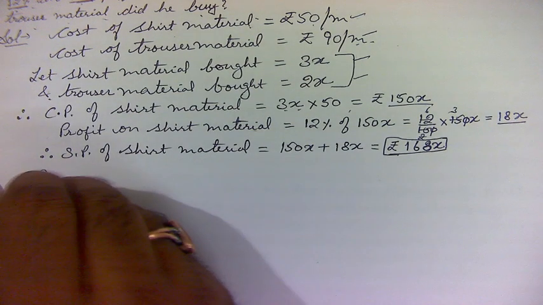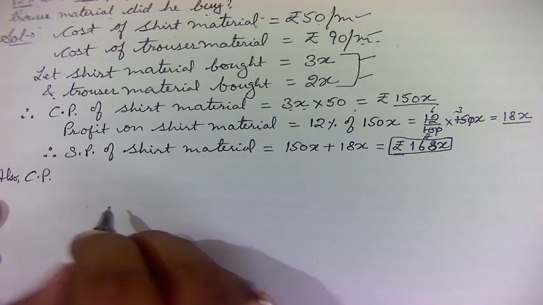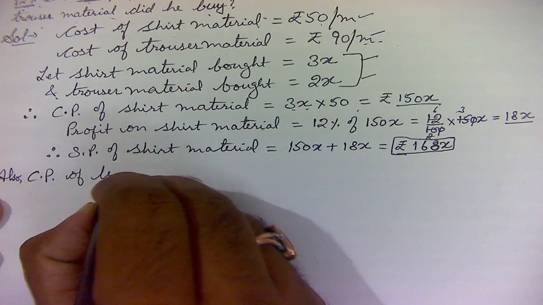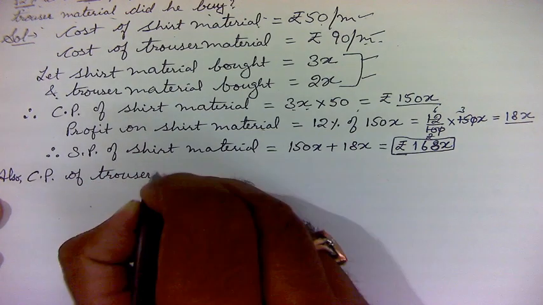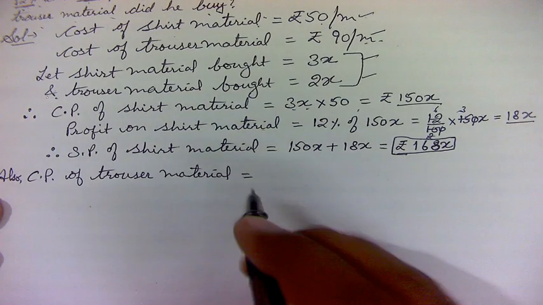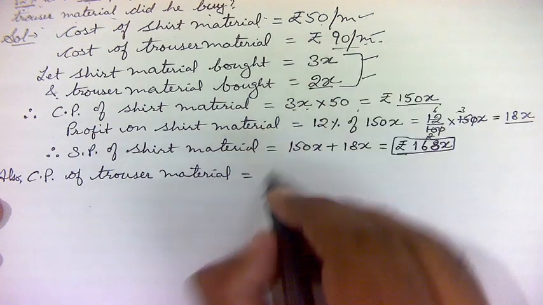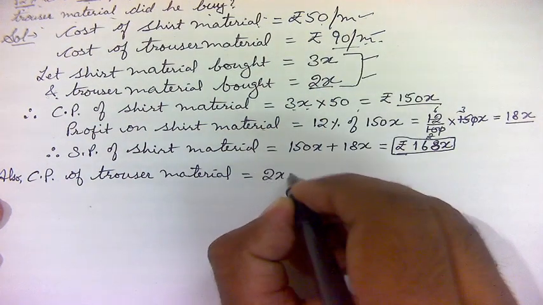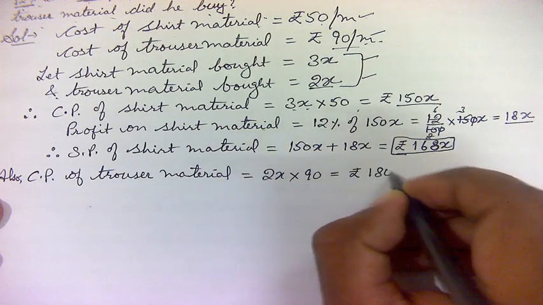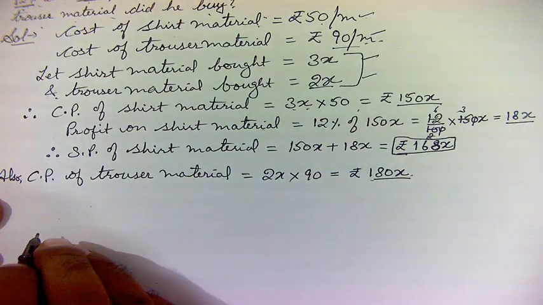Now also, the cost price of trouser material. Here the trouser material, how much is purchased? 2x. Cost is rupees 90. So it is 2x multiply 90, giving you 180x. This is the cost price of the trouser material.